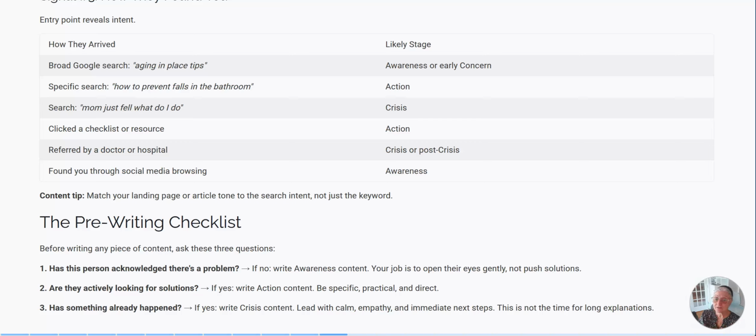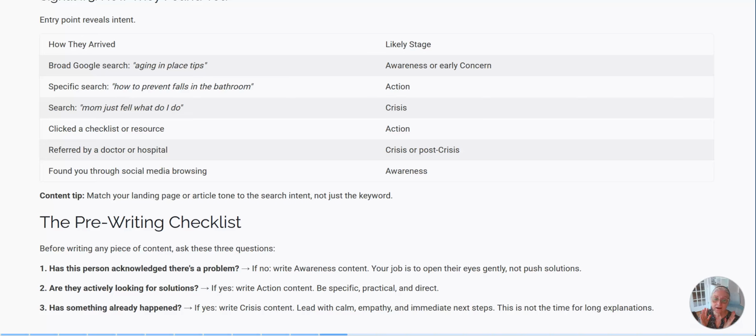If yes, then write action content. Be specific, practical, and direct. Give steps. Don't just give general information. Tell them exactly what they need to do. Believe me, all that information is already out there. You're not sharing any secrets. Everything anybody wants to know is out there, so why shouldn't you be the one that tells them that?